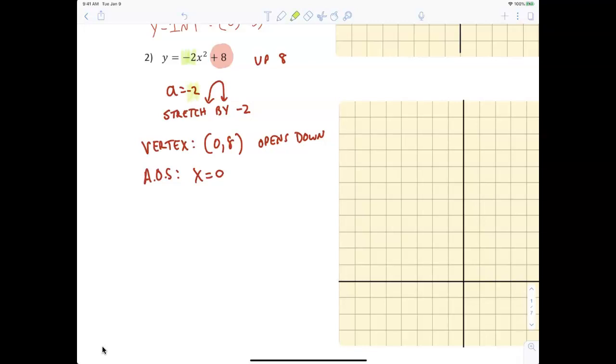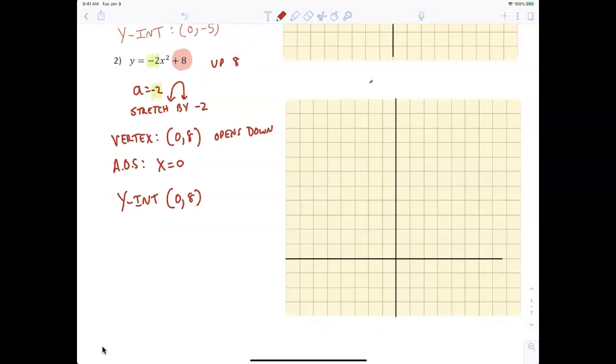Now, I also said in the directions we need to talk about the y-intercept. Well, the y-intercept in this case is when x is 0, so the y-intercept just happens to be the same as the vertex. So again, from your transformations, this is shifted up 8, and there's going to be a vertical stretch of -2.